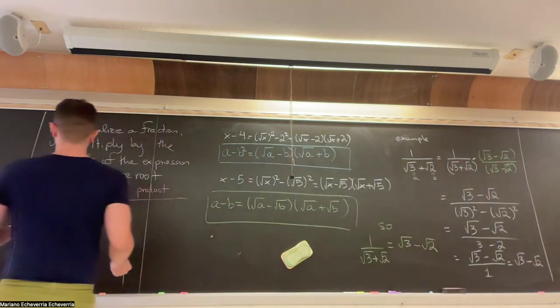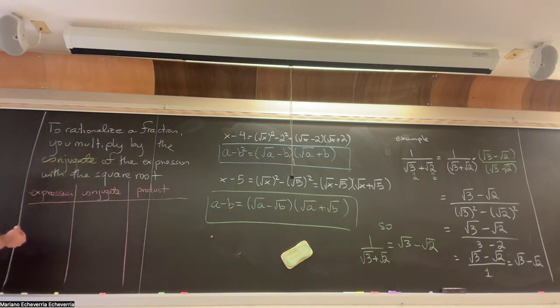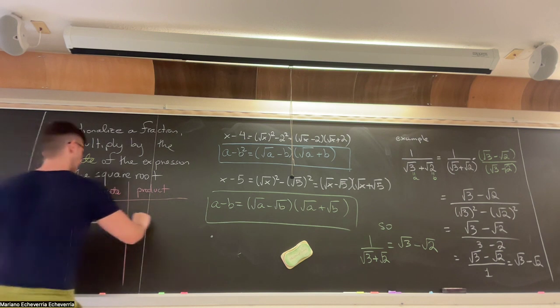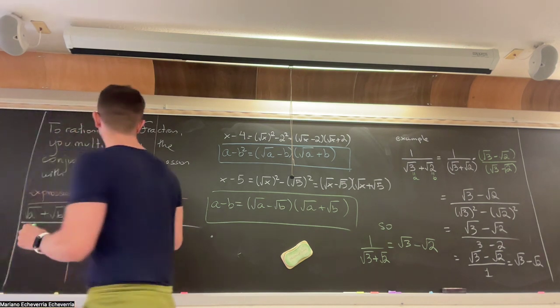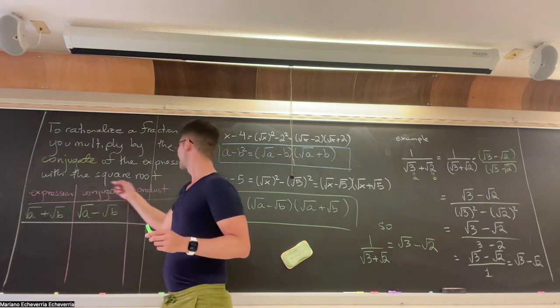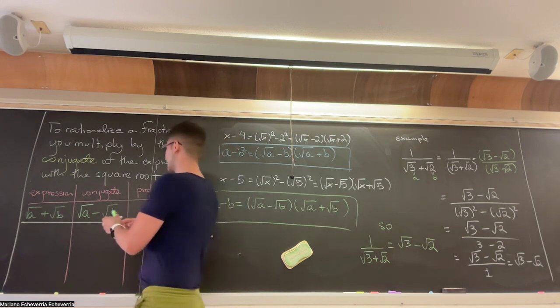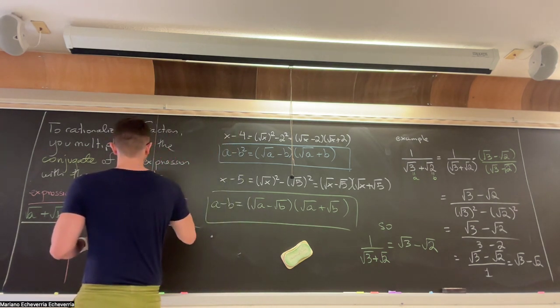Say the expression is, let's do the sum version first, root of A plus root of B. The conjugate is what you get by flipping the sign in the middle. There was a plus here, so the conjugate will be the version with the minus: root of A minus root of B. When you multiply these two, the product between the original expression and the conjugate is a difference of squares. In this case, it will give you A minus B.